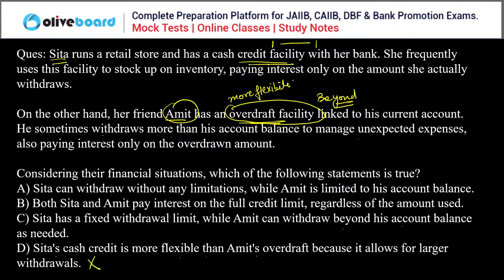No, no. If D was saying that overdraft is more flexible than cash credit, then D could be the correct answer. But Sita's cash credit is more flexible, so that cannot be the answer. Sita has a fixed withdrawal limit, while Amit can withdraw beyond his account balance as needed. So C is the most appropriate answer for this question.